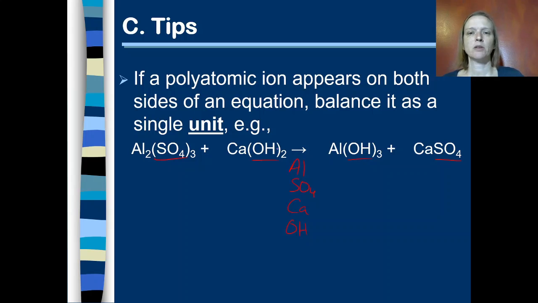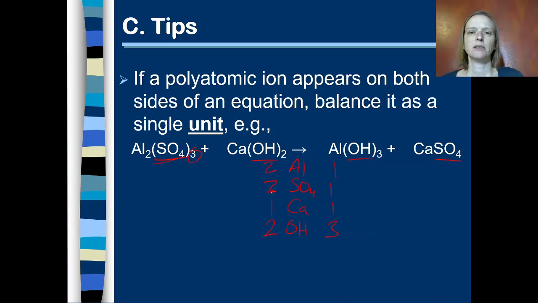Let me show you how that works. 2 aluminums, 3 of the whole sulfate ion, 1 calcium, and 2 of the whole hydroxide ion. Then I have aluminum, 1 aluminum, 3 hydroxide ions, 1 calcium, and just 1 sulfate ion.